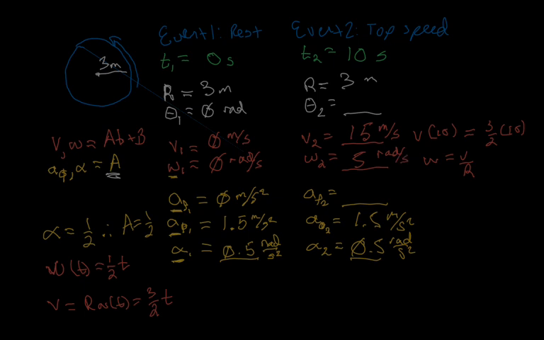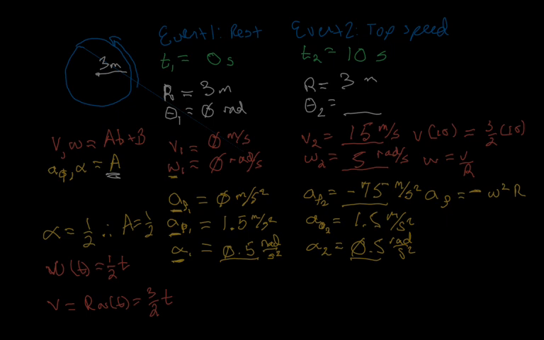And then the next piece is dealing with the centripetal acceleration, in which we know that it is negative omega squared r. So we're looking at 25 times 3, so that's negative 75 meters per second squared, which is pretty intense.